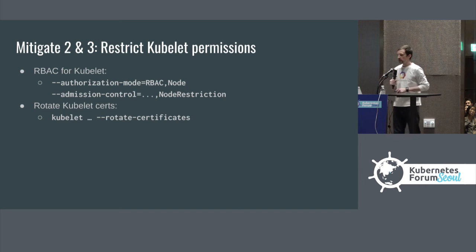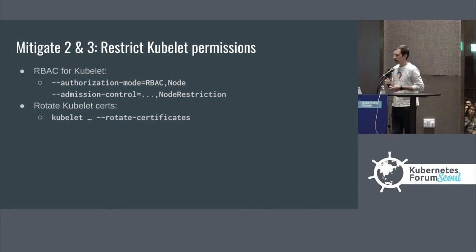And then after they've broken out of the container, we can try to mitigate things like them reading your kubelet credentials and then being able to do other things in the cluster by using RBAC for the kubelet, which is enabled by adding some options to your kubelet or to your API server.